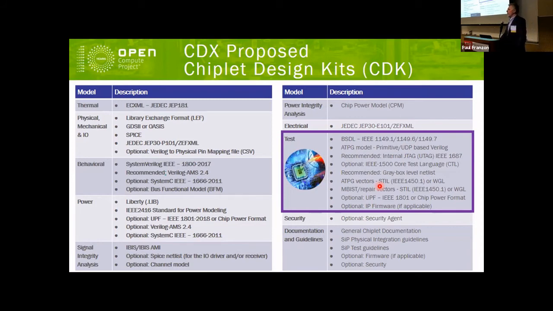There may be different voltage or temperature operating ranges in the system and package application that differ from the conditions that were assumed when they were building the chiplet. So as such, we do request that the ATE test patterns and the associated deliverables and scripts that were used for testing those known good die are delivered to the end users, and they can use those to perform the detailed ATE level testing of each of the chiplets.